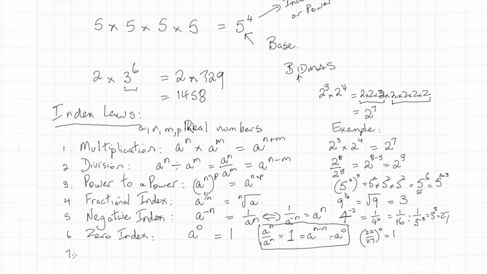A to the p on q, so we'll have to also put q up here, there's also a real number, is equal to, now we know that a to the 1 on n will be the nth root of a, so a to the something on q will be the qth root of a, but we've got a to the power of p there.